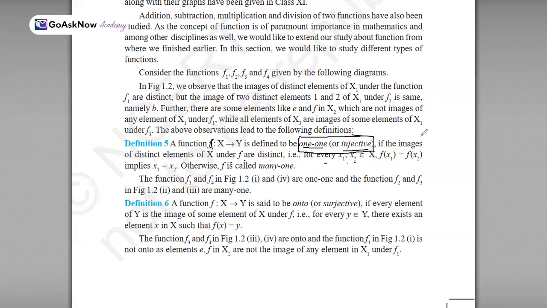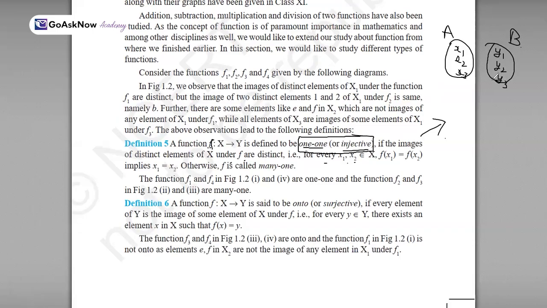So I will explain this point, what it is saying. Suppose you have a function with elements x1, x2, x3 and so on in set A, and set B has y1, y2, y3.